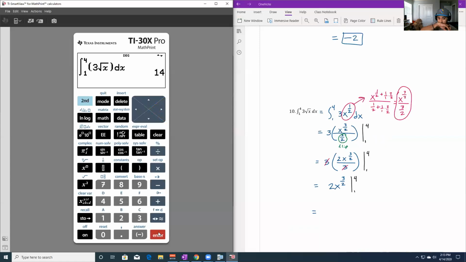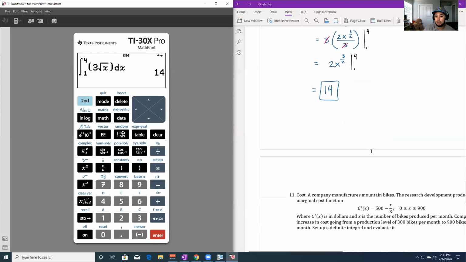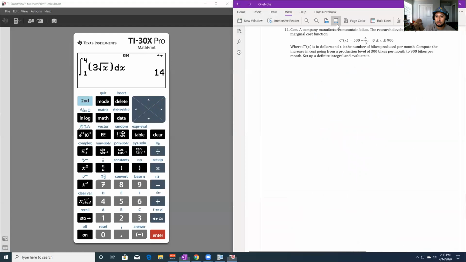Hit enter, and we'll get 14. Perfect. So plug in for 4, that's 16 minus 2, yeah, that's 14. Okay, we are good to go. Let's keep going. I think we made it to the last one, peoples. Yeehaw.